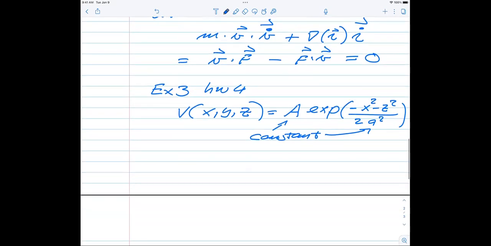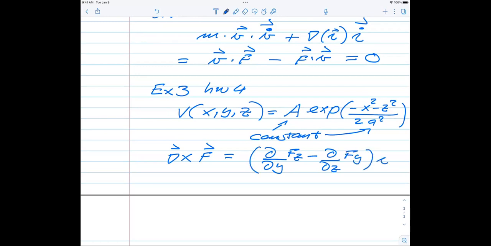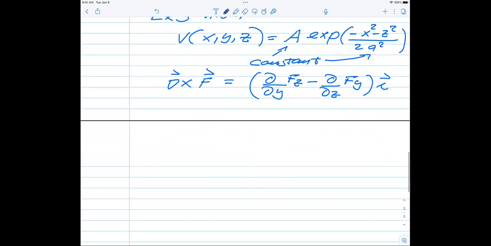Now, in this specific case, let me quickly remind you how the curl is calculated, because you will need this when we are dealing with one of the exercises. This is going to be given by d/dy of f_z minus d/dz of f_y, multiplied with the x component i.